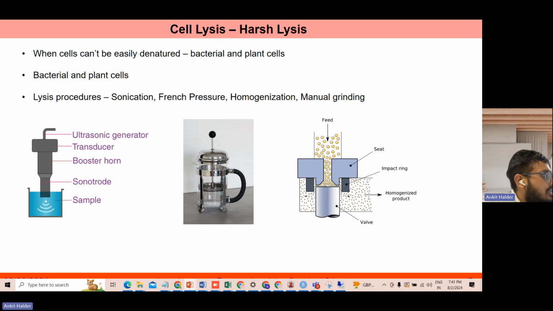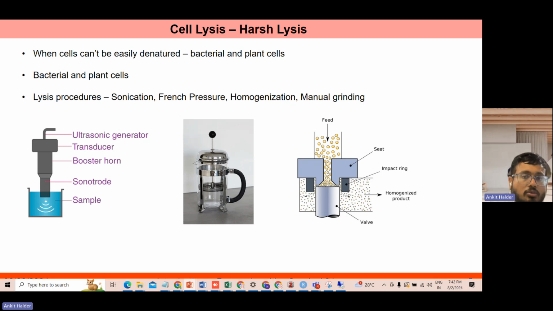So the lysis procedures generally used are sonication, French pressure, homogenization, and manual grinding, using a mortar and pestle to grind your particular sample so that a good amount of protein comes out. In sonication, sound waves are used to apply mechanical stress and shear the plasma membrane and other cell membranes to break them, and the contents come out.